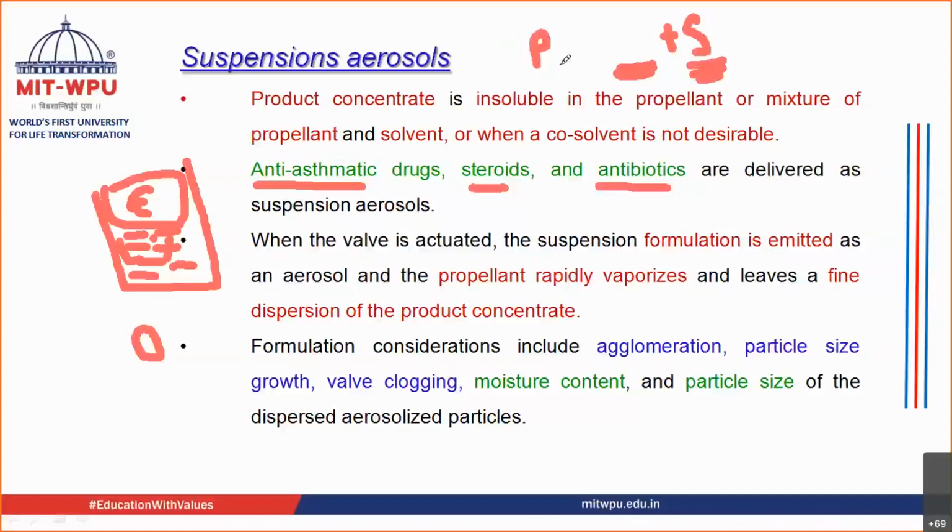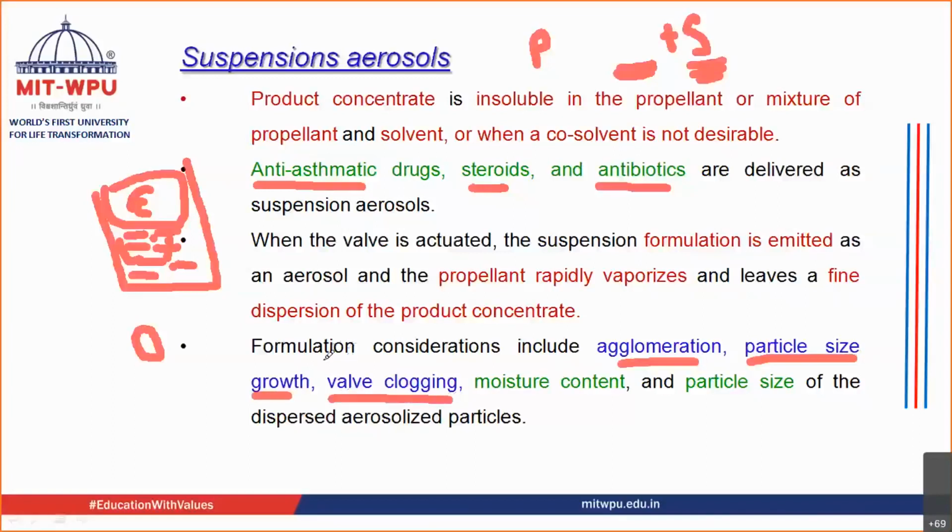Wherever you want these drug particles to go, they are deposited onto it because your propellant gets evaporated off, right? Now there is a problem that happens when you are preparing the aerosol. You have to take care that there is no agglomeration of the particles. That is, there is no increase of particle size, no particle size growth. This particle size growth is going to cause clogging of the valve, which we talked about earlier.